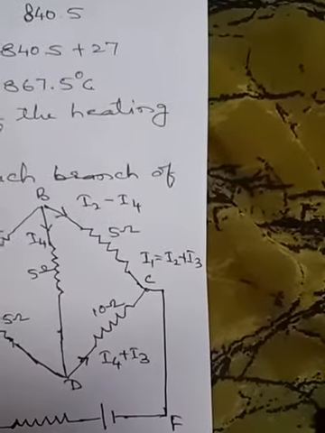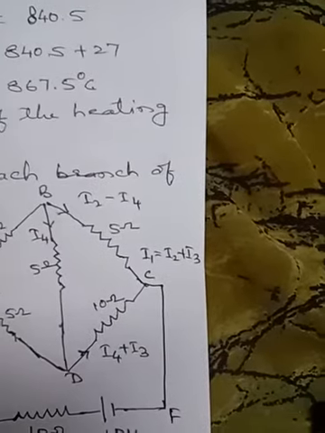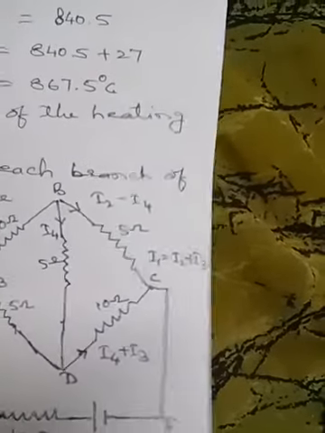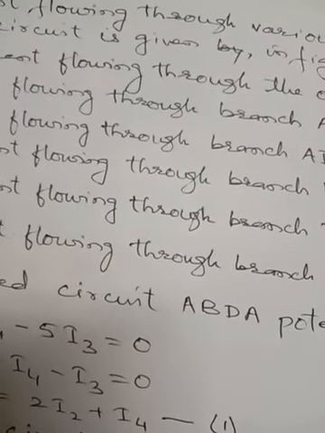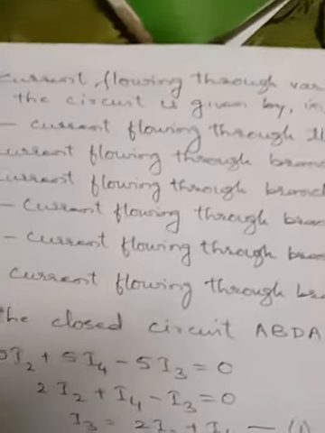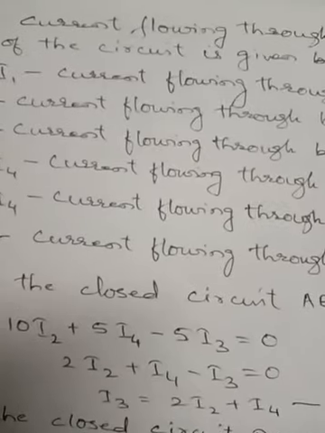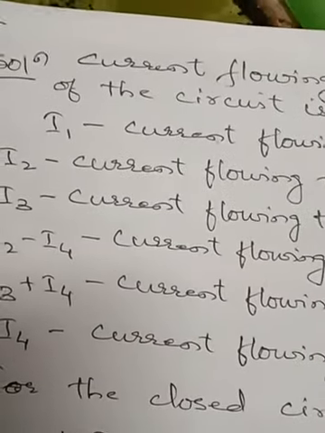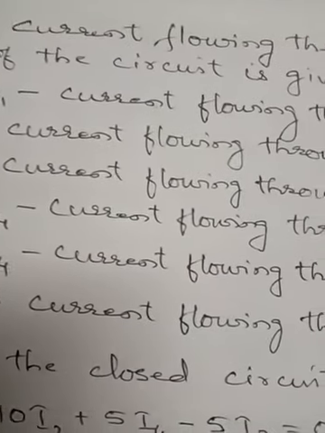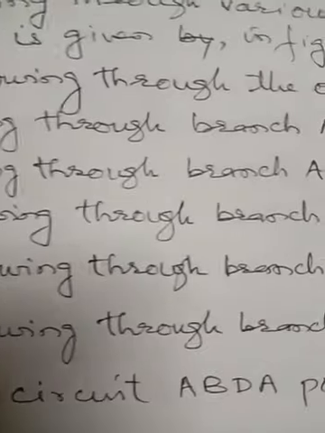This problem is a little bit lengthy because the parameters are more. First I will tell you what the parameters are. The current flowing through the various branches is shown in figure 2. Figure 1 is given to us, figure 2 we have drawn. I1 is the current flowing through the outer circuit. I2 is the current flowing through the branch AB.